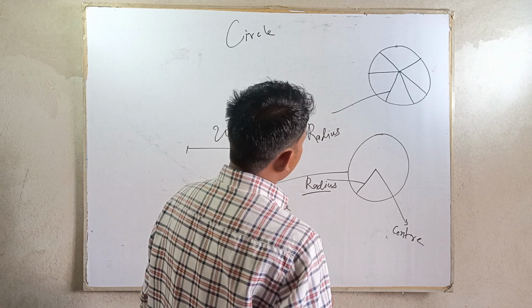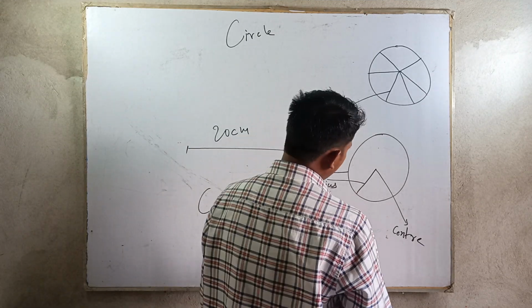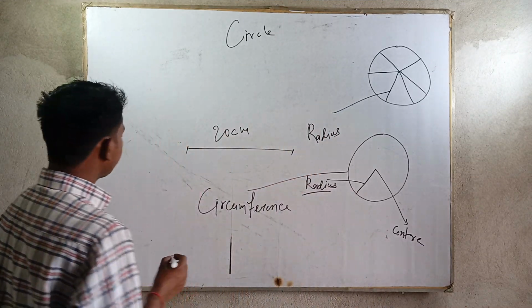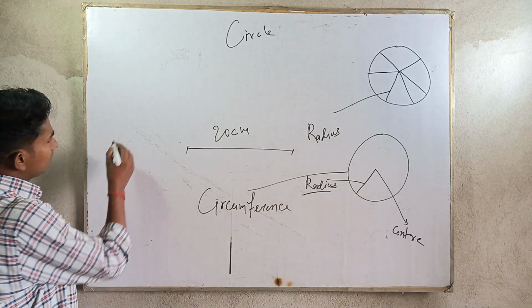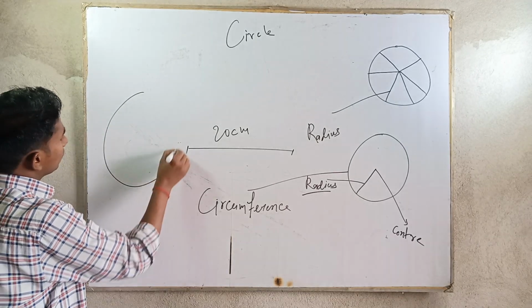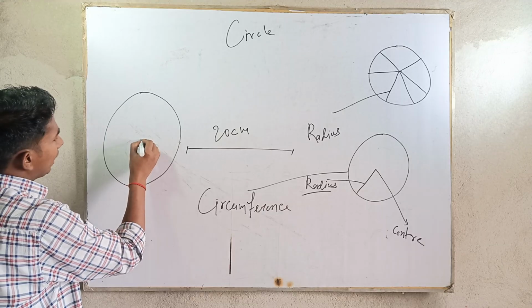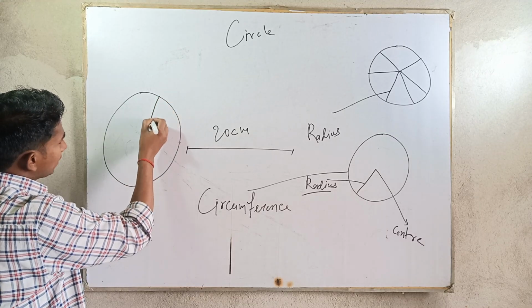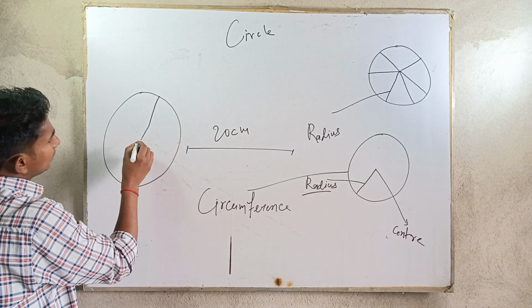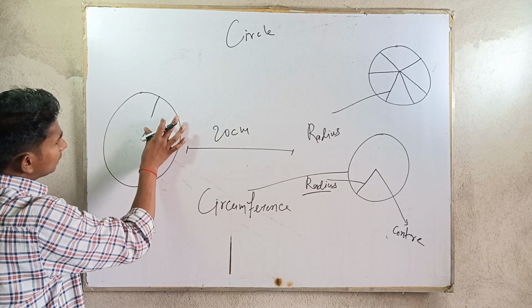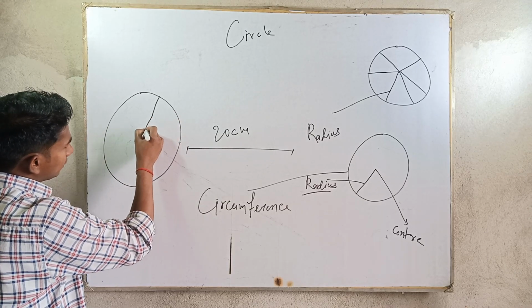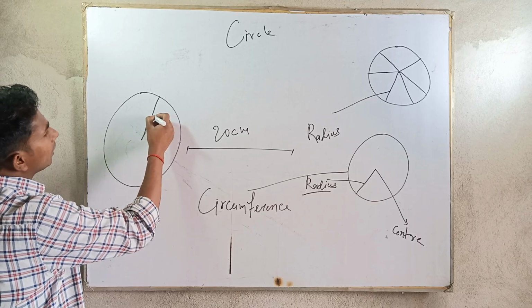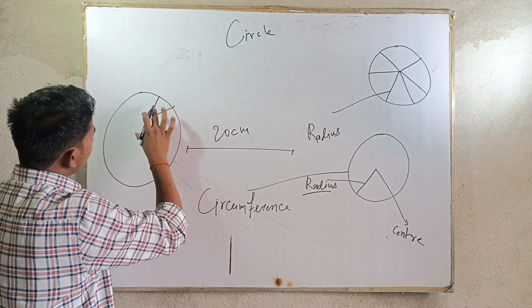Next is the diameter. Suppose this figure is touching one side of the circumference, and at the center is the radius.